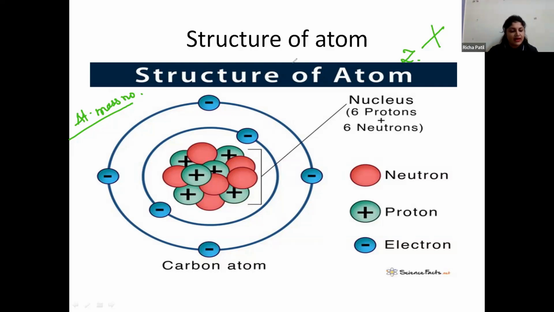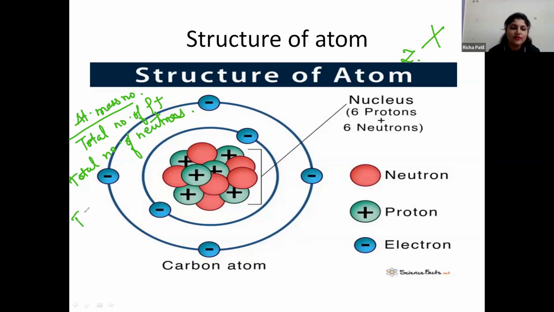Next is atomic mass number. Atomic mass number tells you the total number of protons plus the total number of neutrons. Together these are called what?